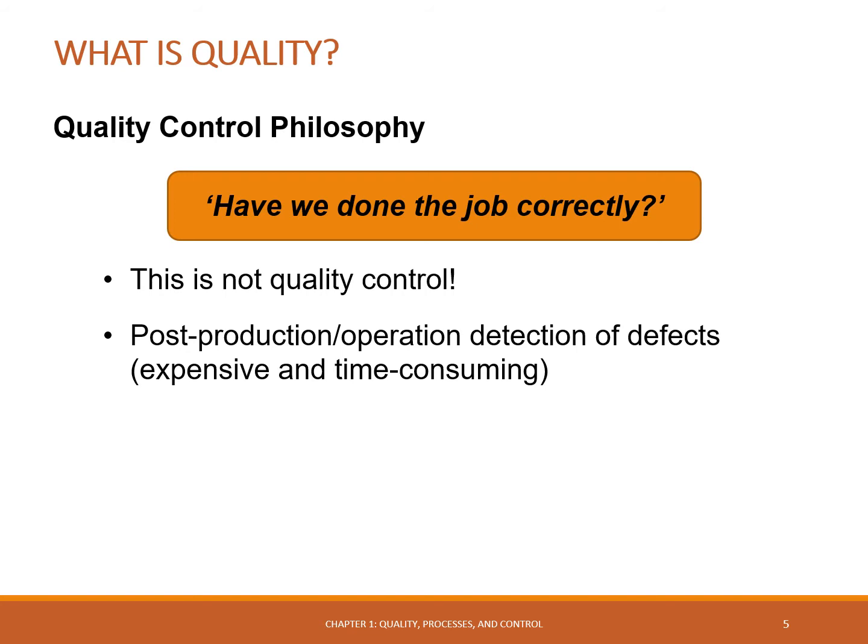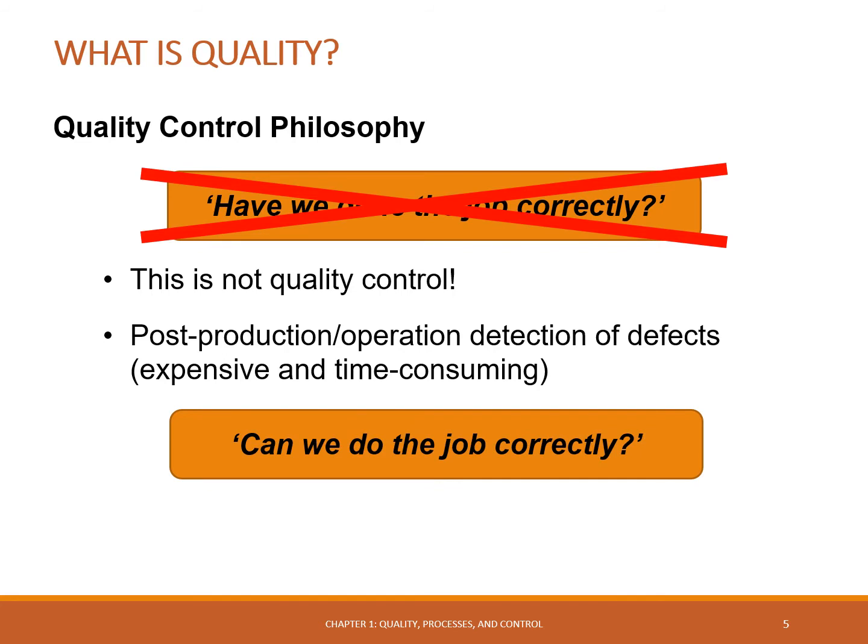This strategy is not the best one because it involves the most expensive and time-consuming tasks. A better way to look at this is if we can prevent the generation of errors and waste throughout the entire manufacturing process by asking the same question differently. Can we do the job correctly?